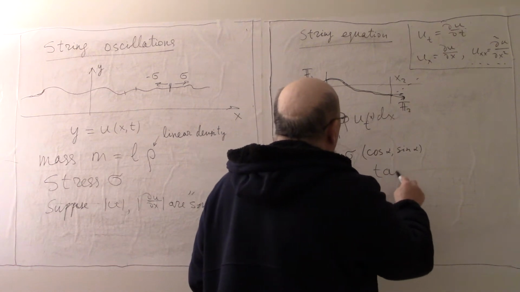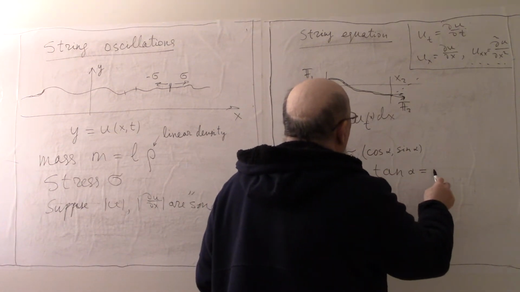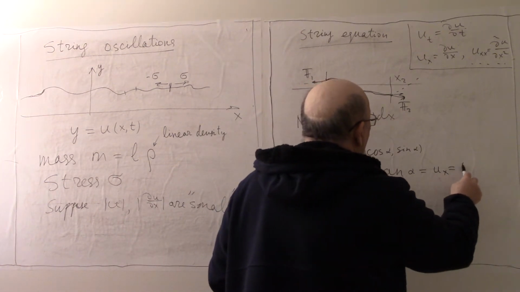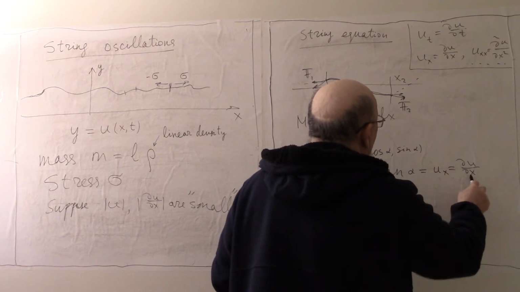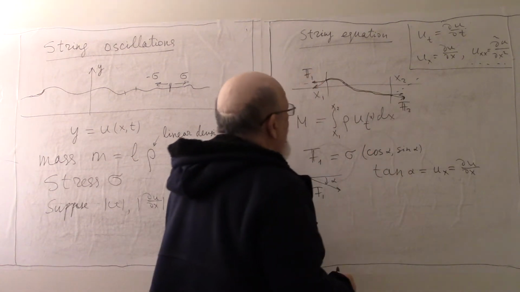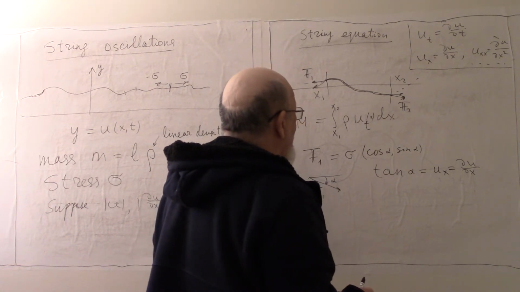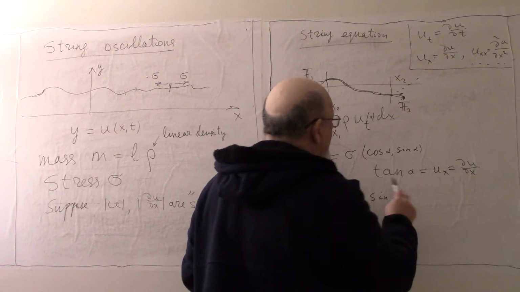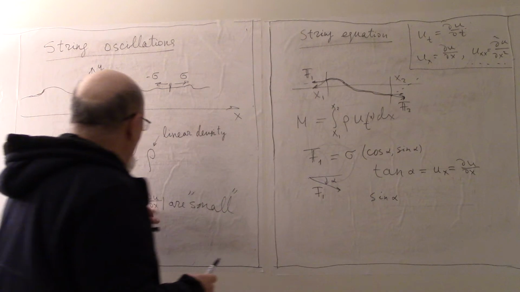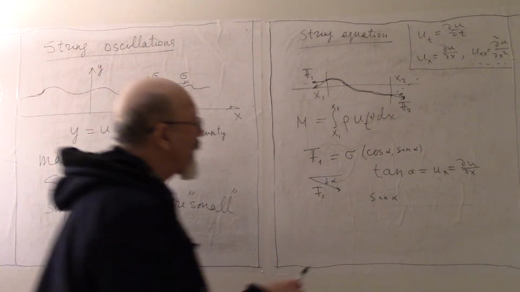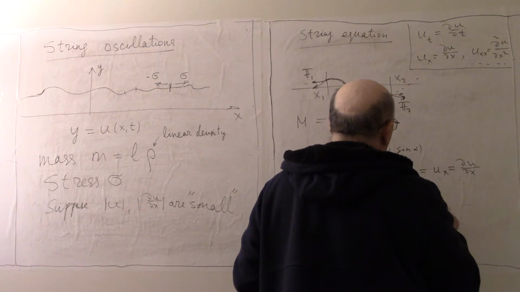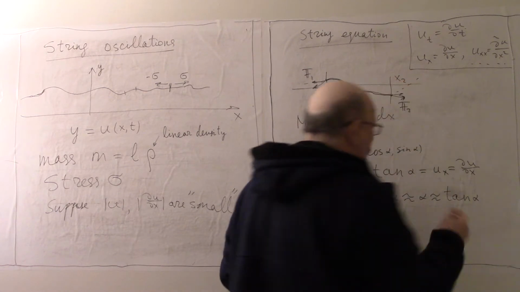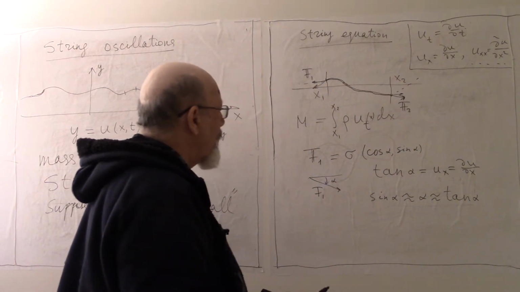Now what is cosine alpha? We know that tangent alpha equals the derivative u_x, du/dx. So this is tangent alpha. Now we know that sine alpha, for small alpha, I assume that this is small, is approximately equal to alpha, approximately equal to tangent alpha, up to higher order terms of alpha.